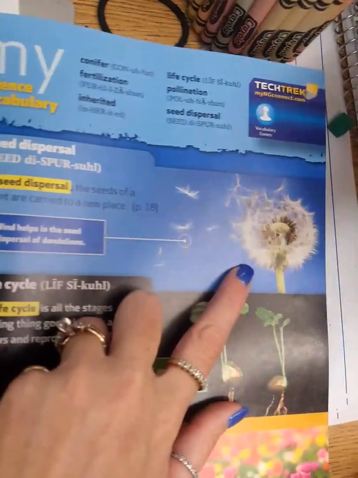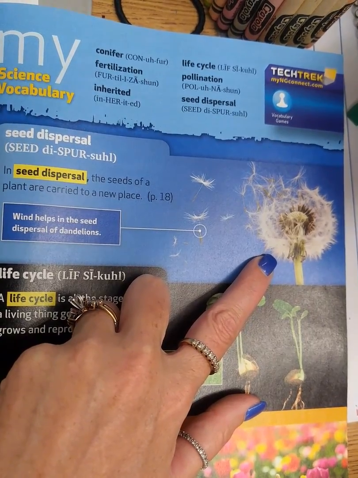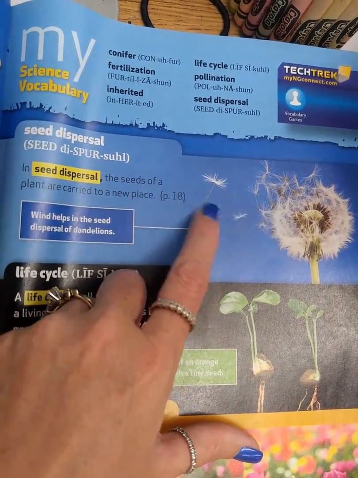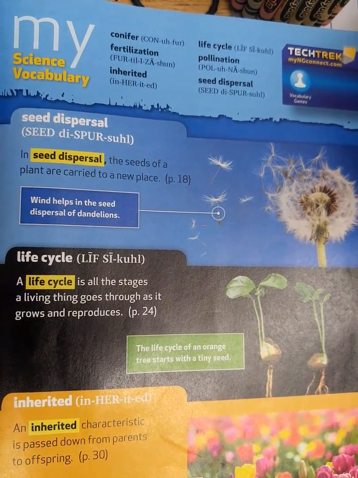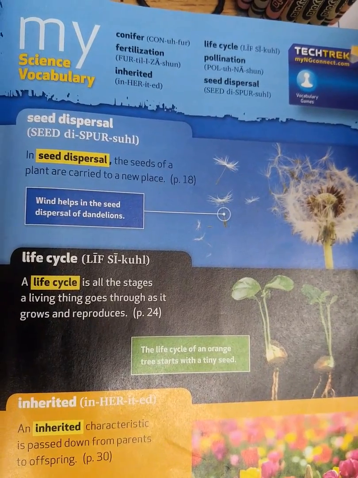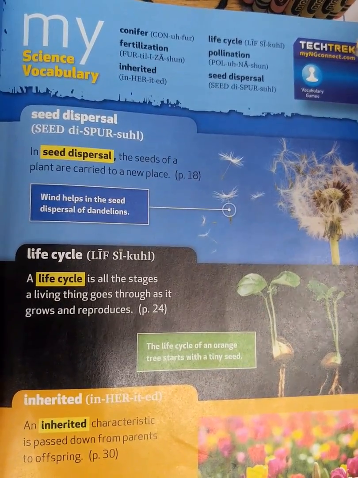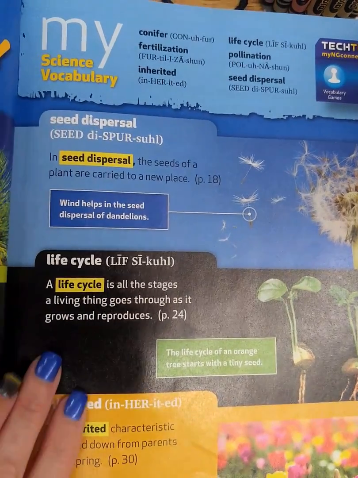For example, this is a dandelion, and dandelions, we call them wishing flowers. You pick them up, the kids blow on them, blow the seeds around. These stick to animal fur and then get carried to new locations. Some seed dispersal is done through animal waste. An animal will eat a seed, will eat something, and then they will do their waste, and there will be a new location for it to grow, and it already has fertilizer attached.